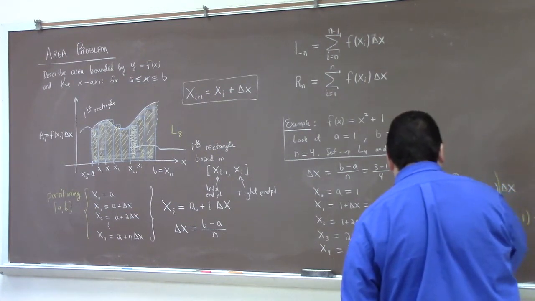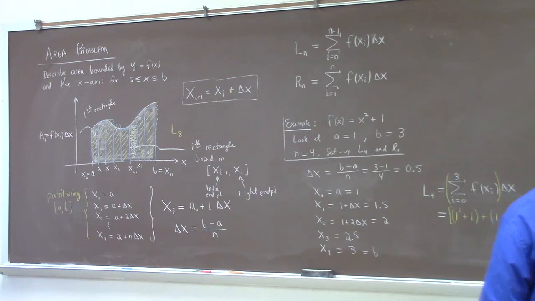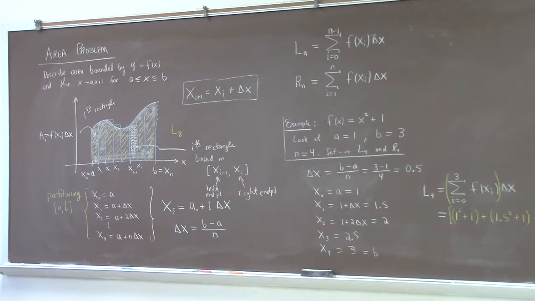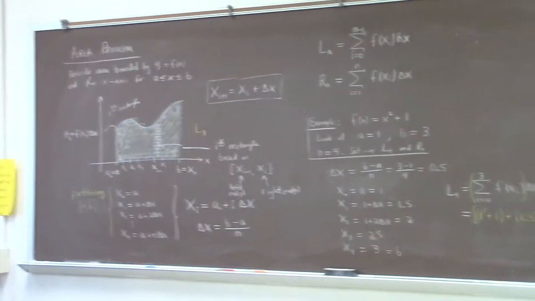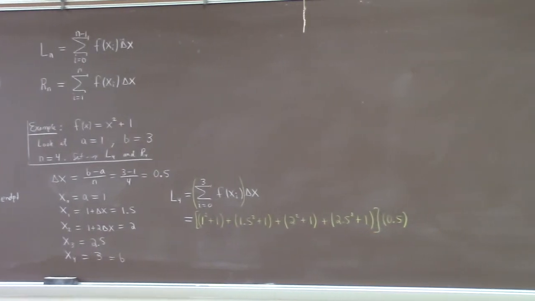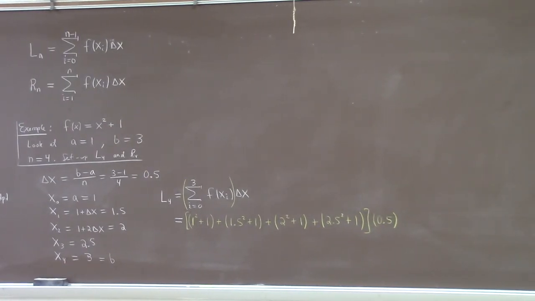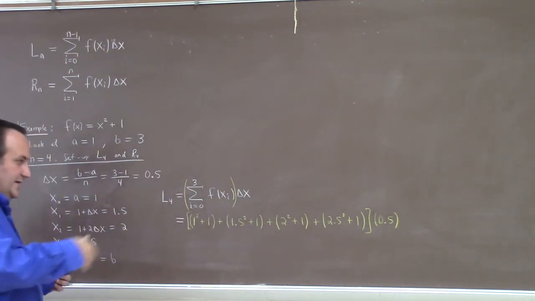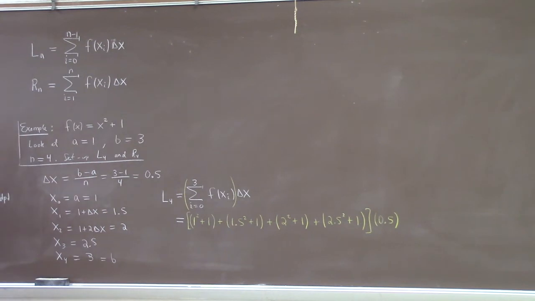And all of that gets multiplied by delta x, which in this case is 0.5. So you take your function and evaluate it at the partition points. Start at a, and go all the way to 1 less than b. This is the left endpoint rule.